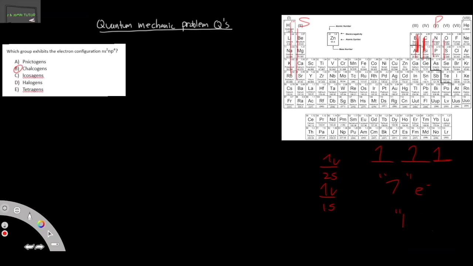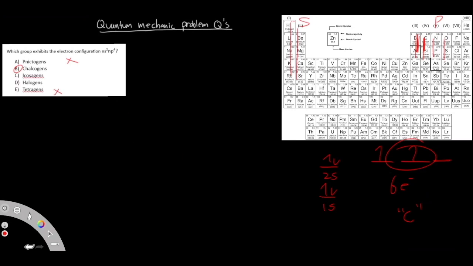However, if we did our tetragen, like we just did, 2, 4, 6, right? 6 electrons. That would be carbon, 6. Remember, we need to get p4. This is only p2. So the p3 is obviously incorrect. Our p4, what we just did right now, is incorrect.